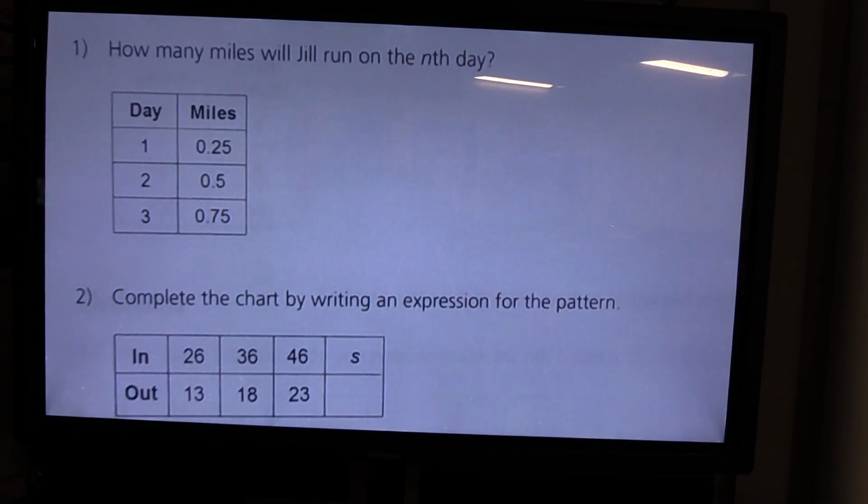Okay, today we are looking at finding the patterns. By finding patterns and looking at the structure of problems, we're going to come up with algebraic expressions that act kind of like a rule.